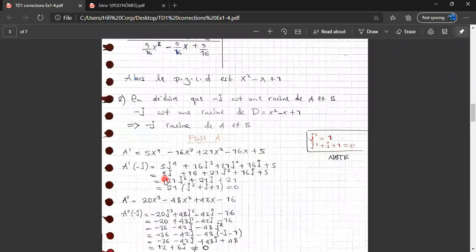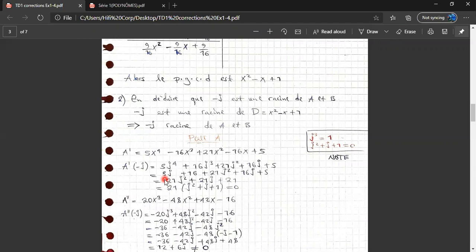Does j have a specific value, like i is the square root of -1? No, the values are the same identities which I gave you. Okay, thanks.